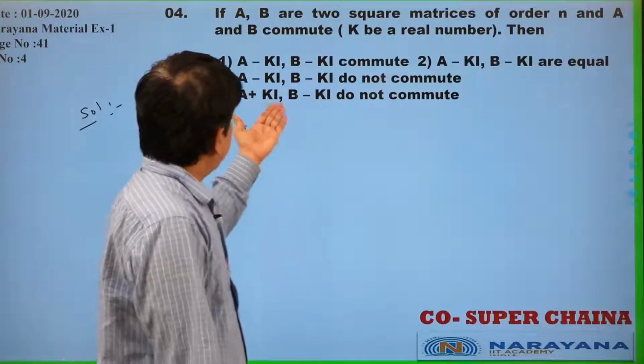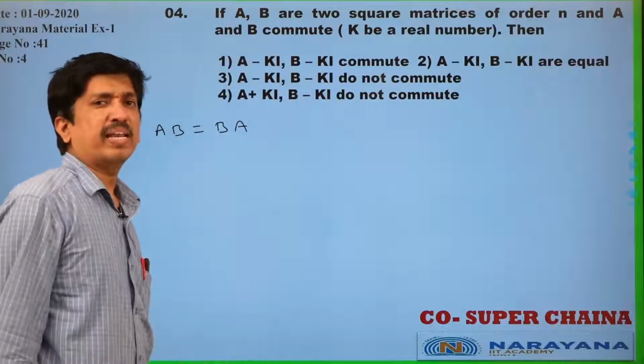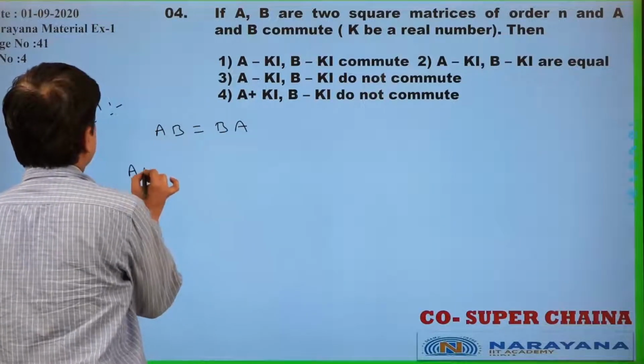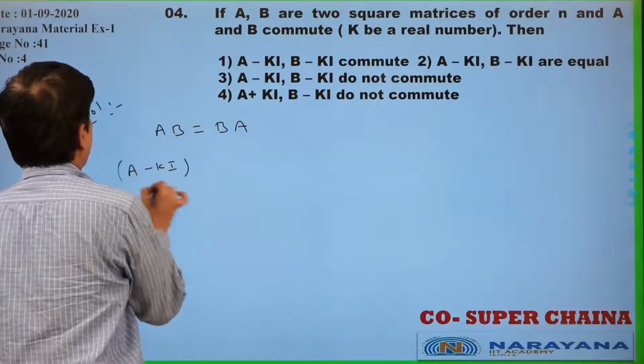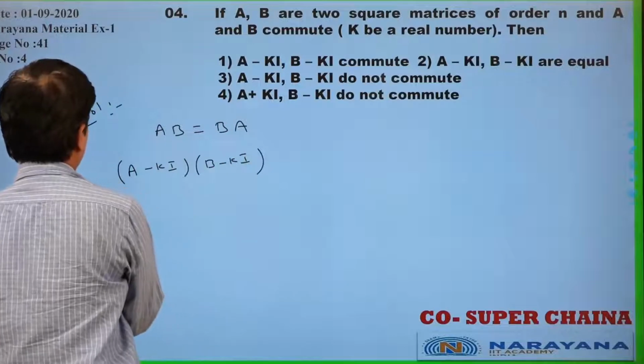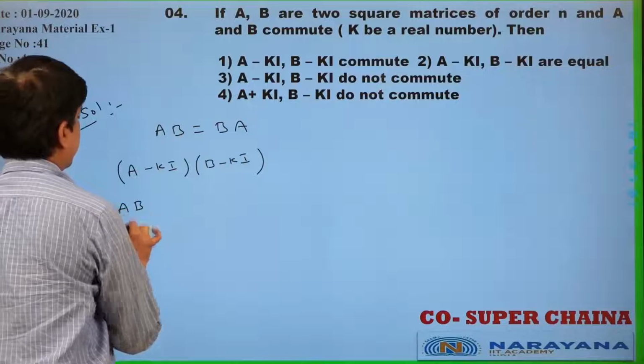Now every option is like A minus KI, B minus KI. I multiply A minus KI into B minus KI, what will I get? A into B, this is AB.